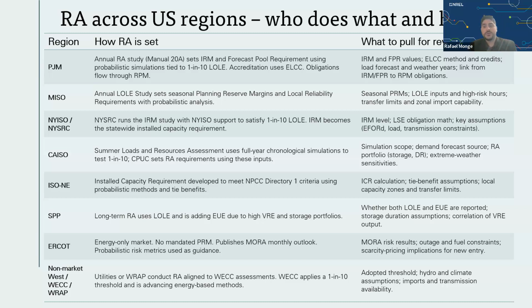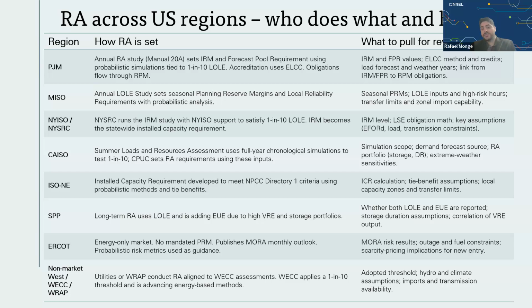In ISO and RTO regions, such as PJM, MISO, New York ISO, ISO New England, CAISO, SPP, and ERCOT, the operator publishes the assessment, sets the reserve requirements, accredits resources, and converts results into capacity obligations. In the non-market West, utilities and the Western Resource Adequacy Program coordinate resource adequacy under WECC oversight with utility or program studies that reference regional standards and transfer limits.